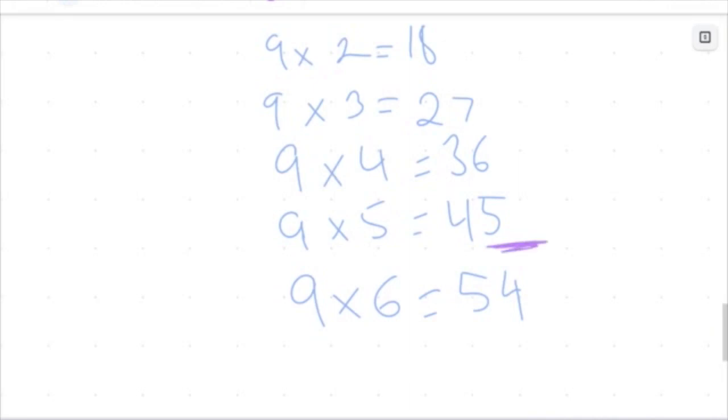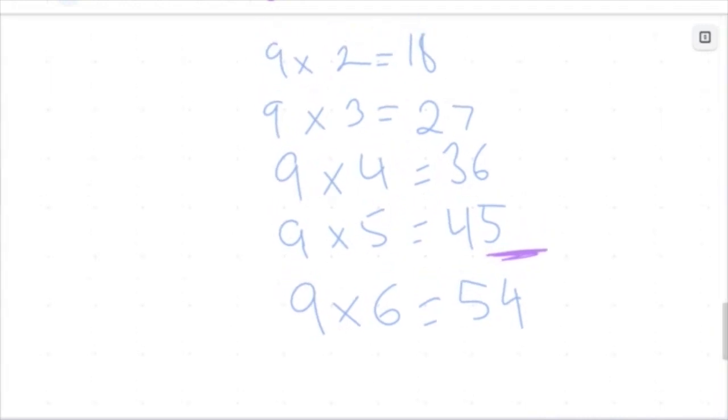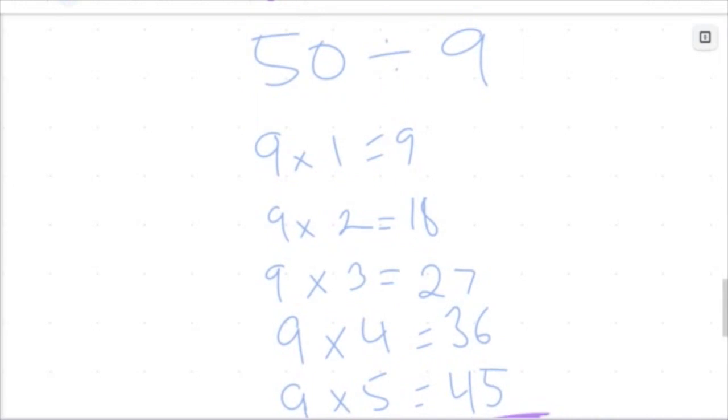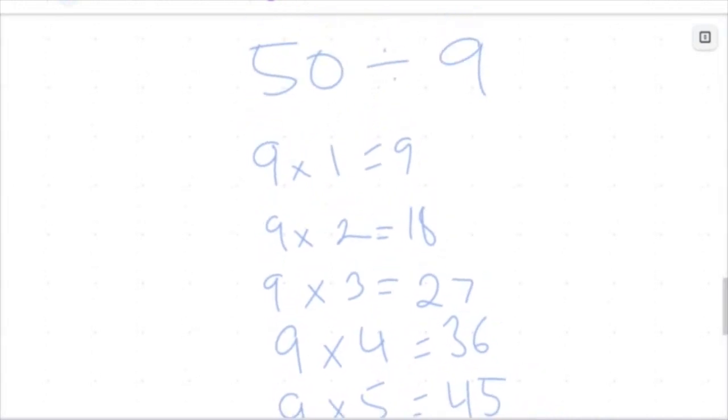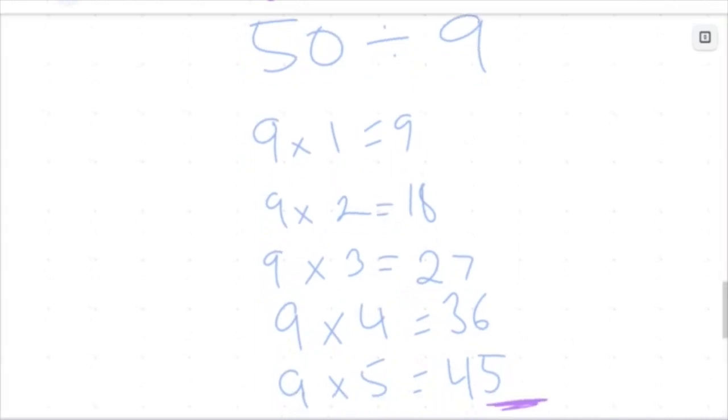If I divide my numbers here, I'm going to get some kind of remainder, right? We want to find the highest possible number that this will be when we multiply. So the 5, for example, gives me 45. That's the closest number to 50 without getting bigger than 50.